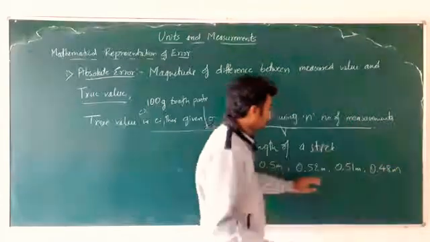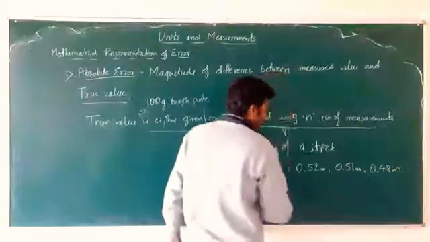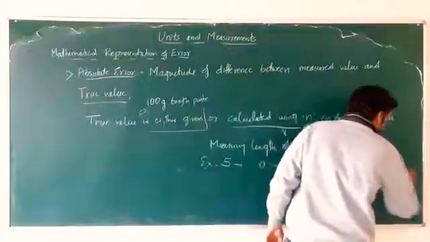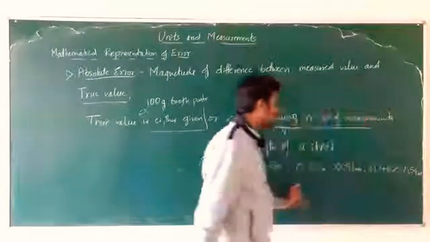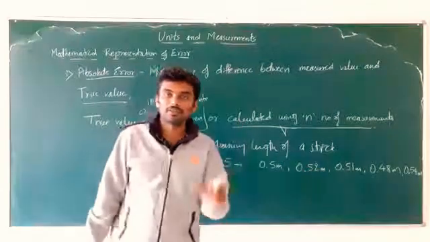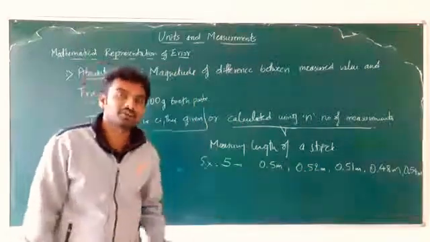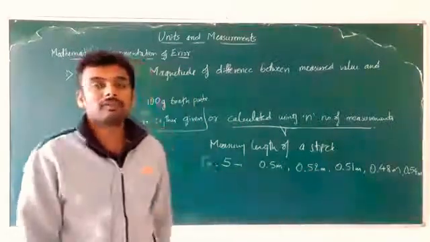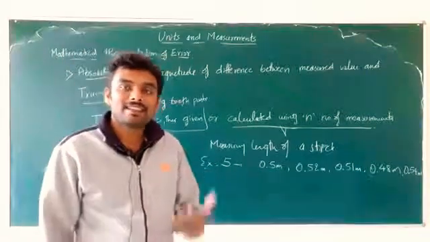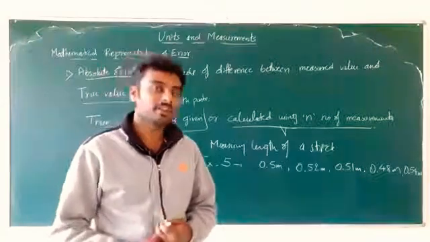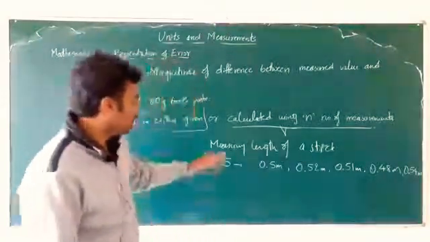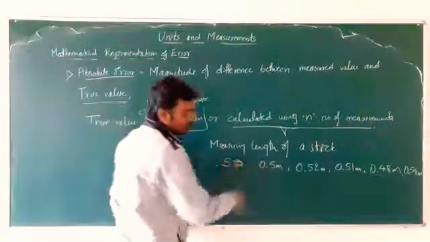So 1, 2, 3, 4, and finally I'll have one more reading, 0.54 meter. These are the different readings that I get for the measurement of the scale. Yes, it is possible. If I measure the same quantity again, there is possibility that I can get a little deviation in the value of the measurement. So totally 5 readings are taken.